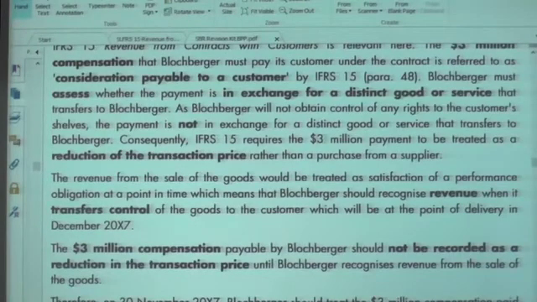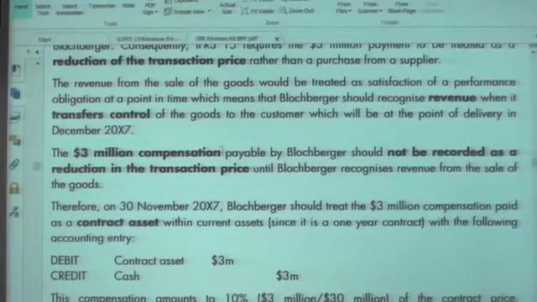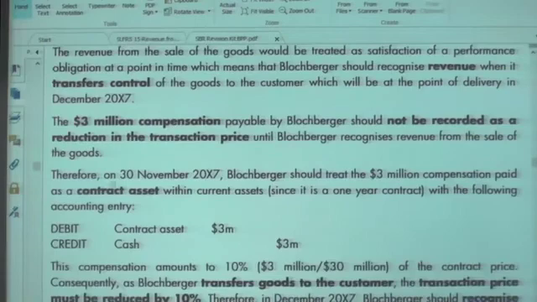Here they have referred to paragraph 48 and everything; I am not going to refer to those things. The 3 million compensation payable by the company should not be recorded as a separate reduction in the transaction price until the company recognizes revenue from the sales of goods. Therefore, on 30th November, the first day, they have paid 3 million to the customer.